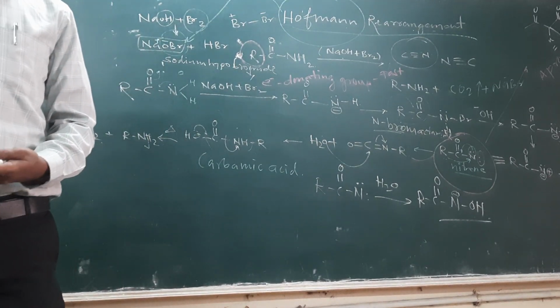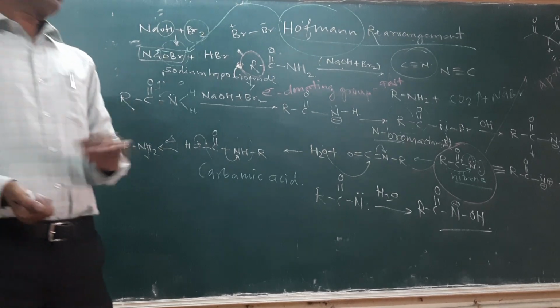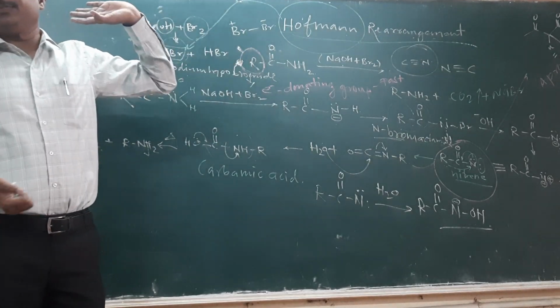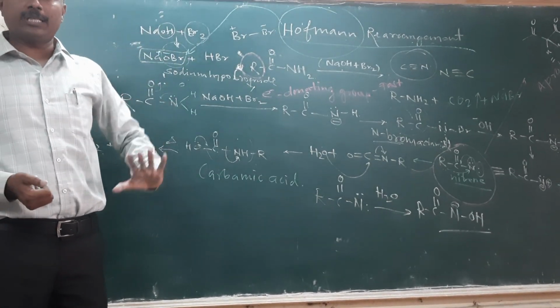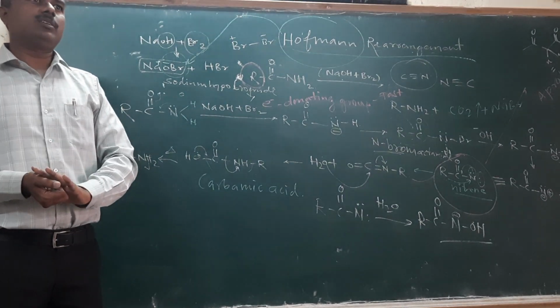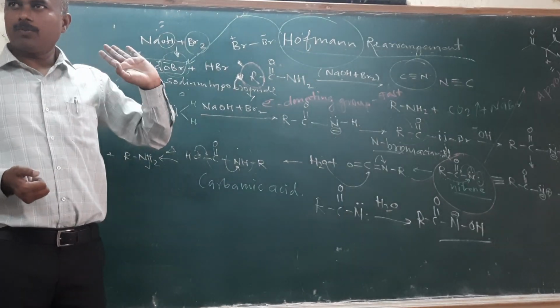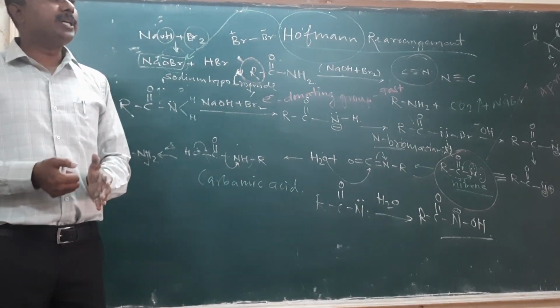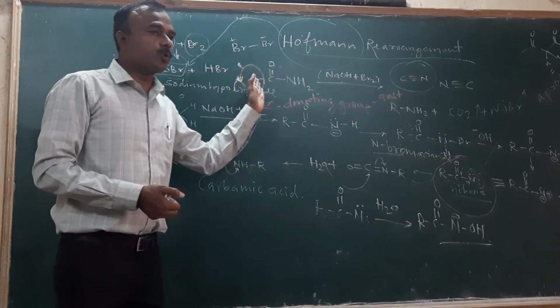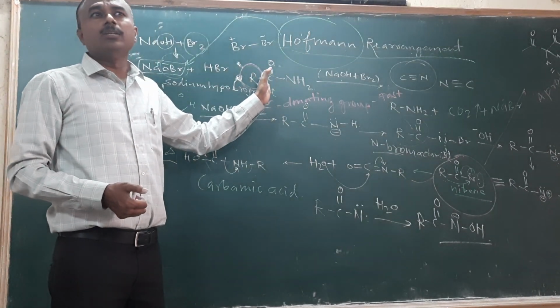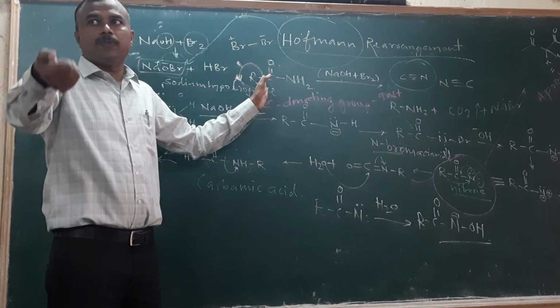Whatever group is present, the product will be the same. If an electron donating group is present, it will give more product.